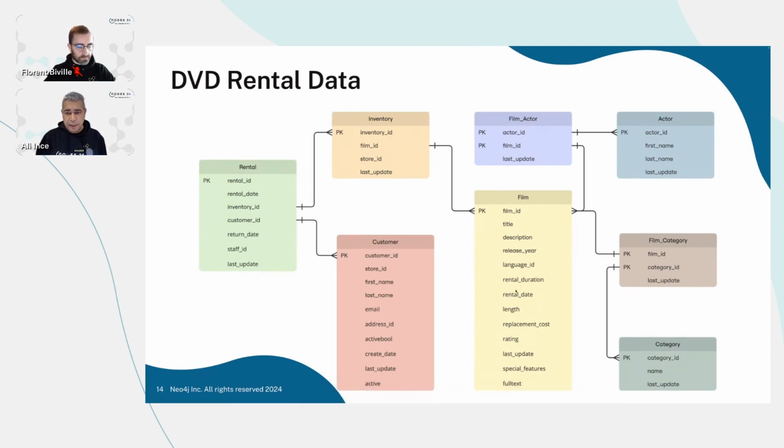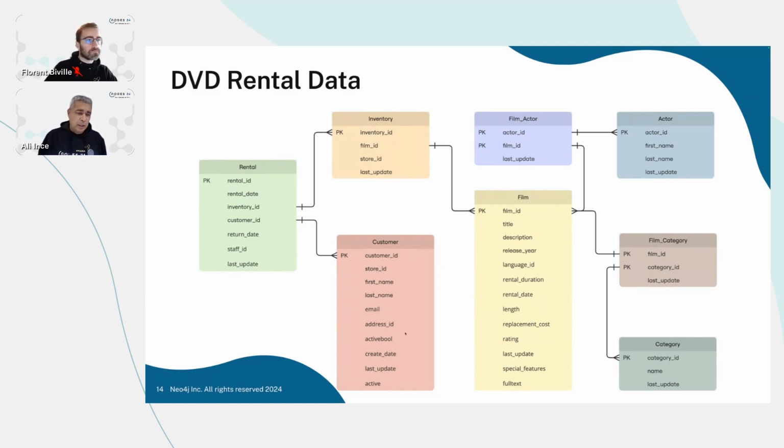We have films and categories. Each film may have multiple categories linked through a film category relational table. And we also have actors, and we have a relationship between film and actors as well.